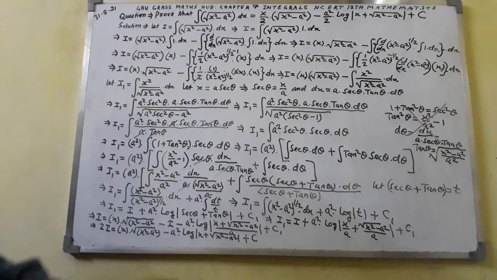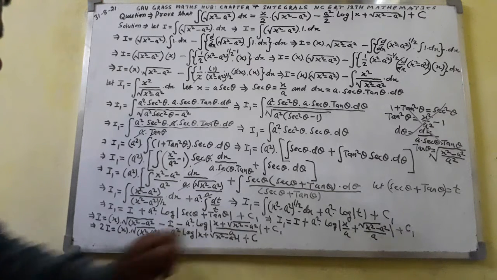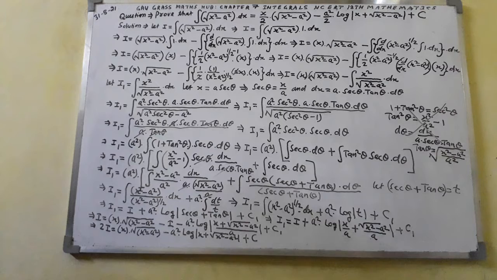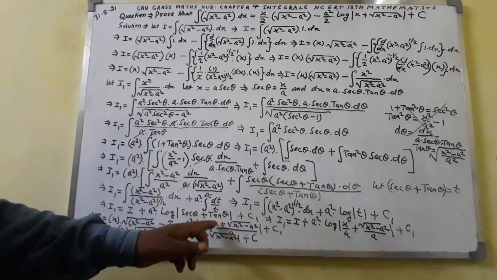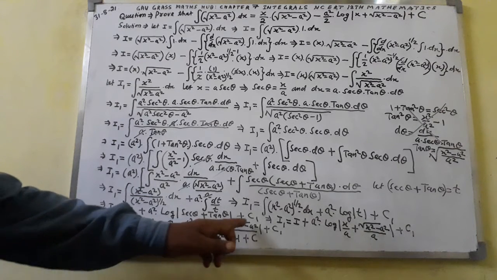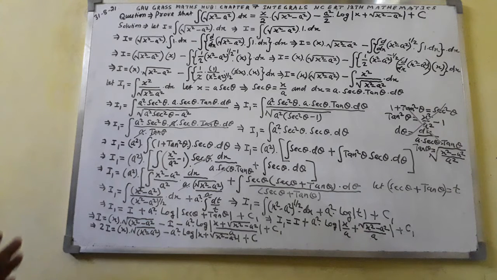So minus log a is a constant that will be clubbed together with C1, becomes C. That's why I shall take the numerator part here only. So this thing we will get.